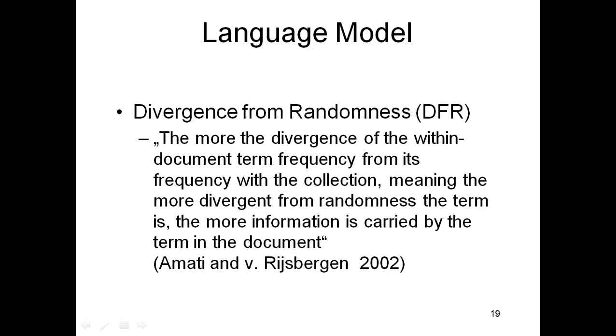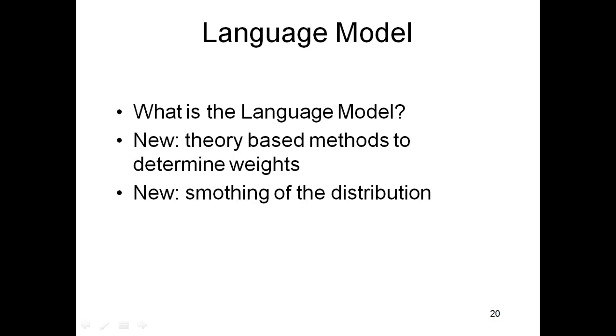But if somebody asks for a query term, then documents where this query term appears more or less as often as it's expected, randomness, then that doesn't really help me so much. Okay? So that's a quite interesting notion in the metaphor behind the language model.